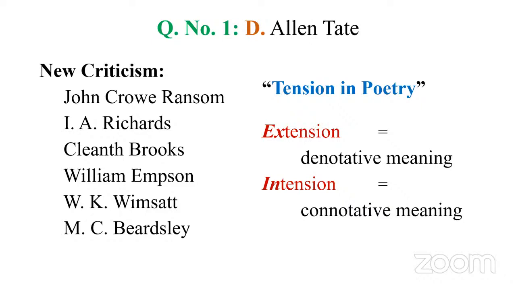So what Alan Tate did, he just removed the prefixes ex and in. So we get tension. He said, in a good piece of poetry, there is a tension between denotative meaning and connotative meaning. There is always a struggle. Because of this struggle, we find that poem interesting. So this is tension in poetry, right?